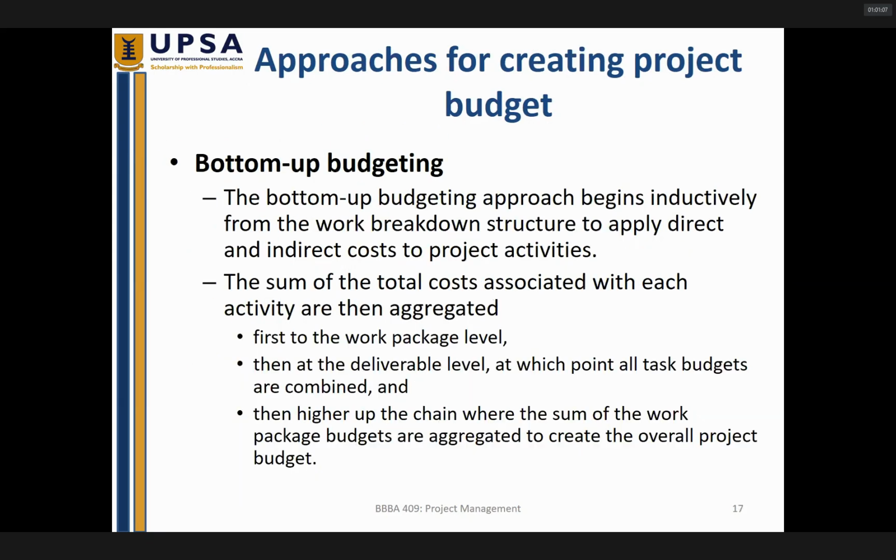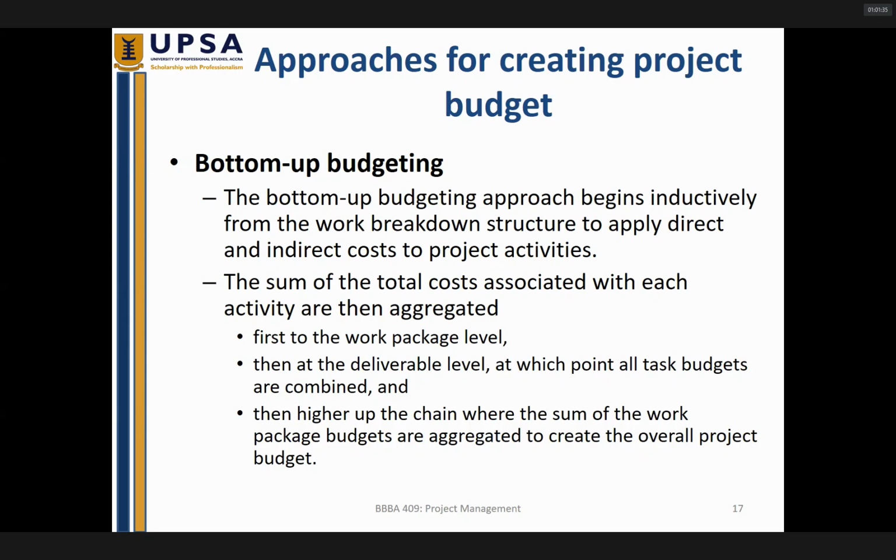Then we have the bottom-up approach, which is the opposite. Here, at the bottom, we have the work breakdown structure, or the work packages, various work packages occurring. And we know from last week's lecture that work packages are individual cost centers, telling us the specific work to be performed.